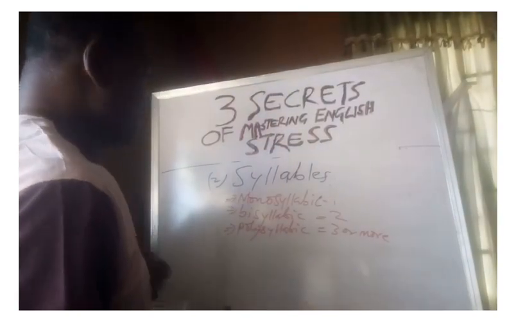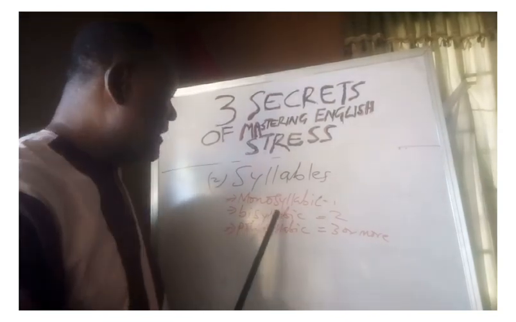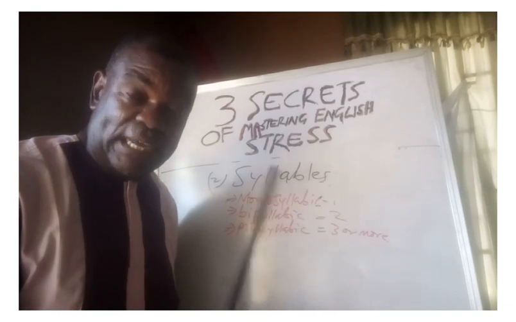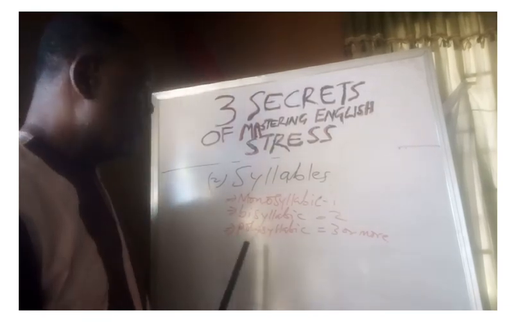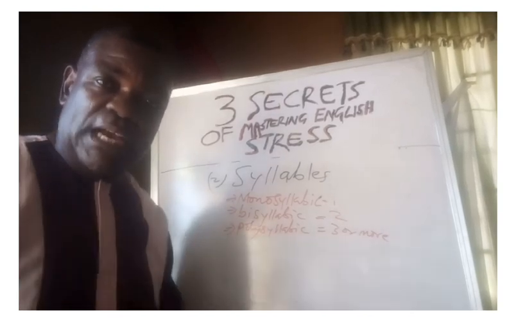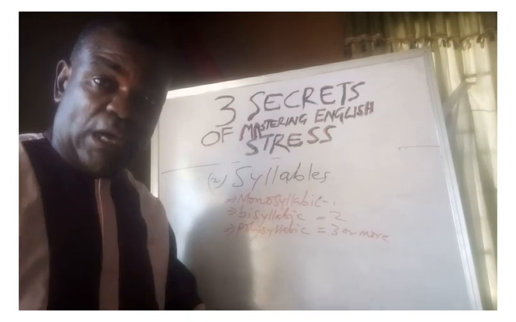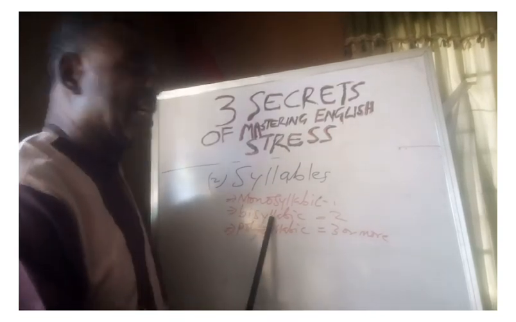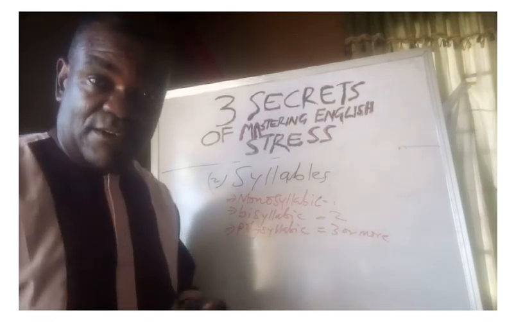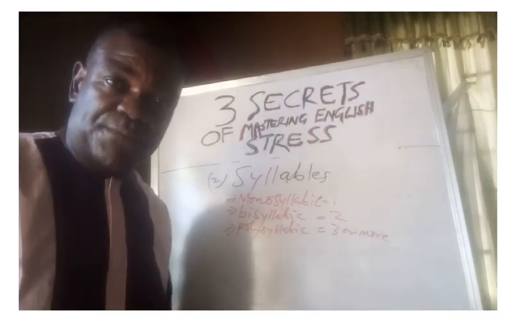So now let's look at the bisyllabic words. Already we have dealt with that when we were talking about how word class affects the placement of stress. We said that when a bisyllabic word, a word of two syllables, is used as a noun and also as a verb, it's stressed on the first syllable if a noun, stressed on the second syllable if a verb.